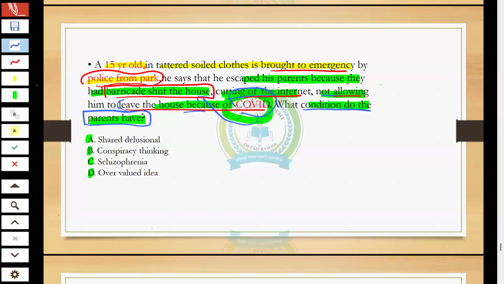So they are asking about the condition of the parents. The parents are giving extreme importance to COVID. So that's why it is an overvalued idea. If they were asking about both the patient and the parents, both doing it, then it would be a shared delusion.